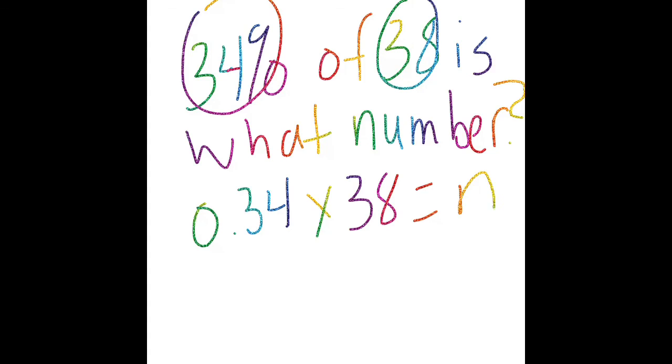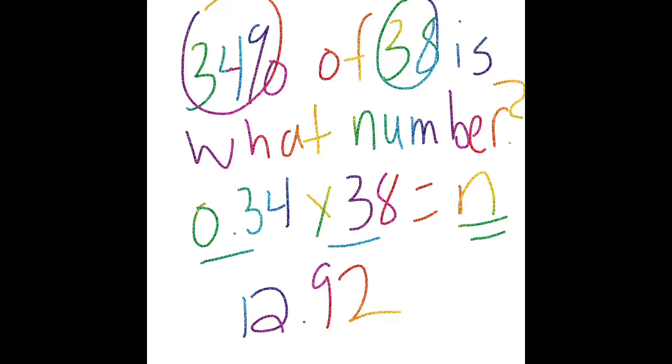We don't know that part. So you can use your calculator and then multiply these two. So you should get 12.92, which equals n. So we don't know that. That's just what it's gonna be.